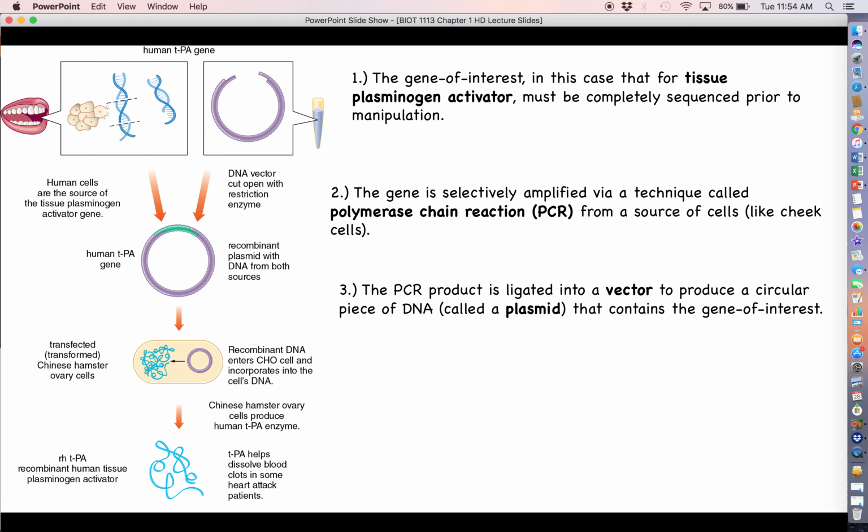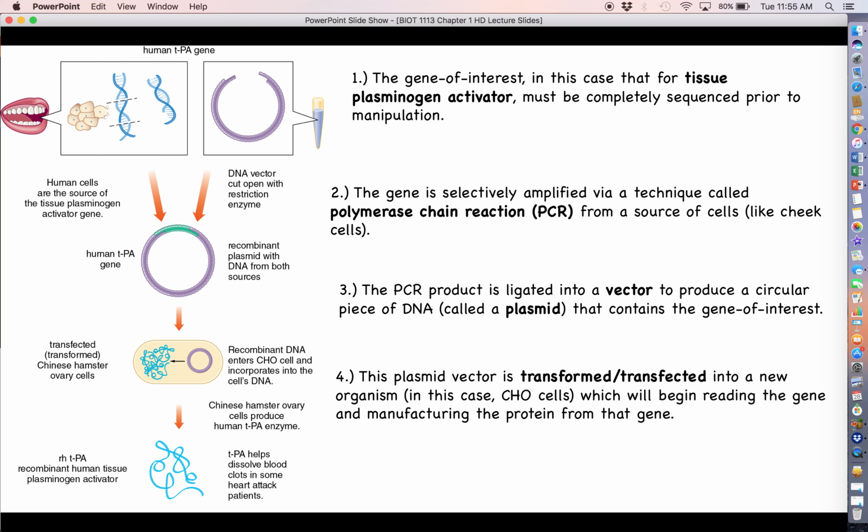The circular piece of DNA that contains the TPA gene in this case is called a plasmid. The plasmid is then what is introduced to what we will call our genetically modified organism. This plasmid vector is either transformed, if you're introducing it to a bacterium, or transfected, if you're introducing it to a eukaryotic organism.